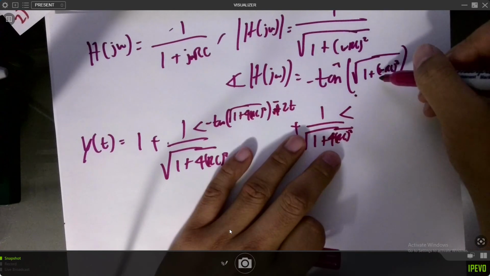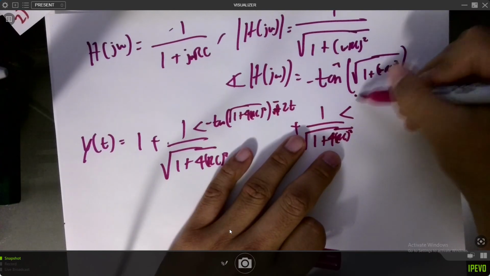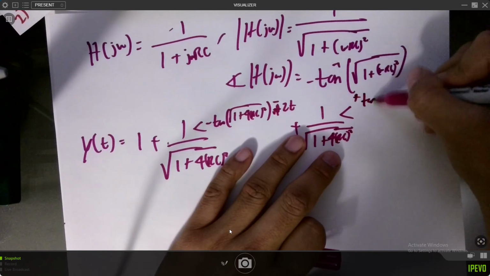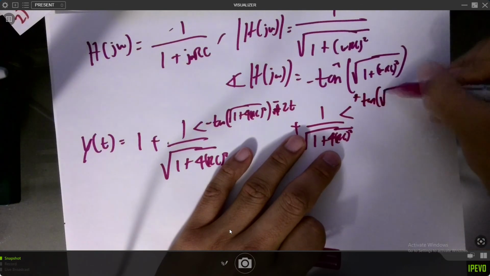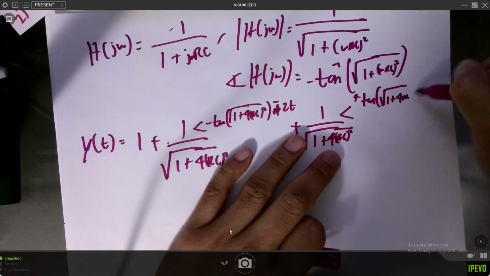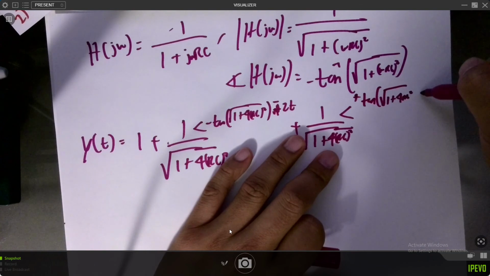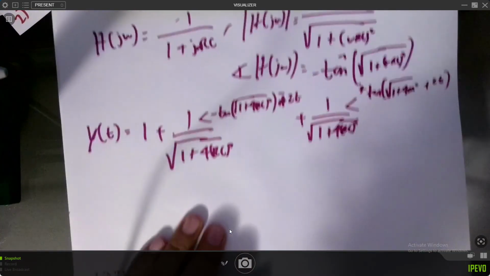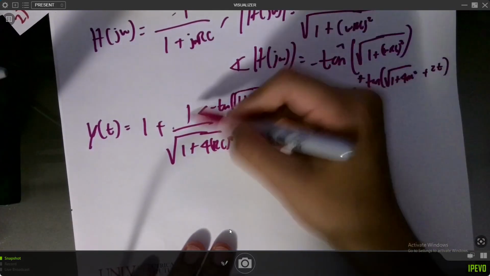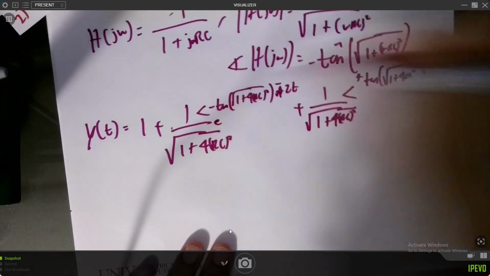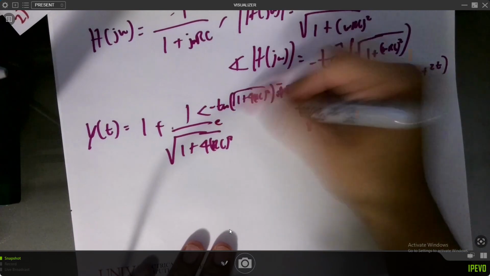Yep, because I think it's, is it a positive? Yep, it's going to be a positive. Tan inverse, 1 plus 4RC squared. And then that's going to be a plus 2t. There we go. I think I'm doing it right. But you notice that this is e to the that, and then this is e to the that, and these are pluses.